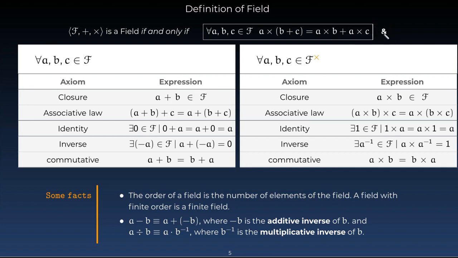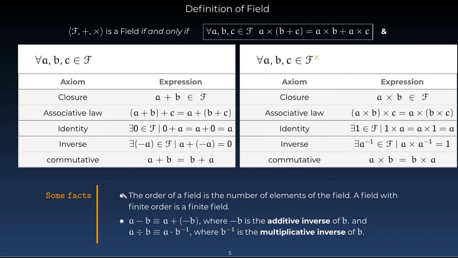Apart from this condition, this set F under addition should be a commutative group, so it must satisfy closure, associative law, identity, inverse, as well as commutativity. Now the non-zero elements of this set F under multiplication should also form a commutative group, satisfying closure, associative law, identity, inverse and commutativity under multiplication.